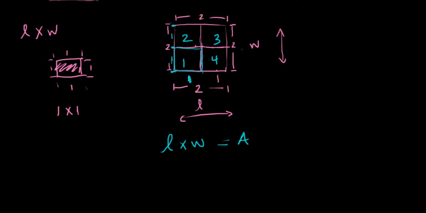A square is a special case because the length and the width, by definition of it being a square, always have the same value. So we could simply call this length times length equals area. Or another way, if you have length times length, the same number twice, we can write it as length raised to the second power equals area.